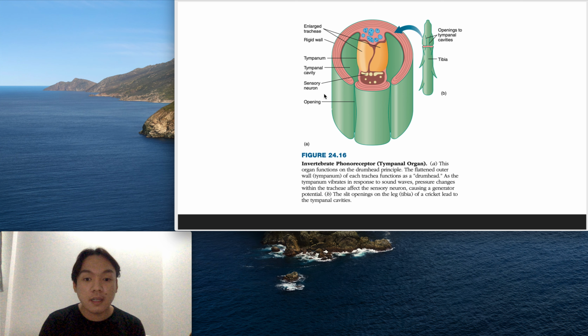The flattened wall, or tympanum, of each trachea functions as a drumhead. As the tympanum vibrates in response to sound waves, the pressure in the trachea changes and affects the sensory neuron, causing a generator potential. The leg tibia of a cricket leads to the tympanal cavities.